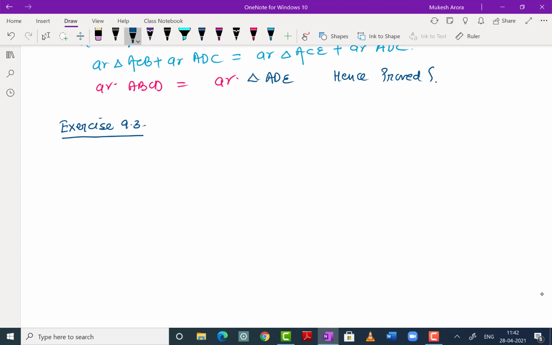The first sum is, in a given figure, E is any point on AD. Triangle ABC, AD is the median, and E is any point on this. Show that area of ABE is equal to area of ACE.